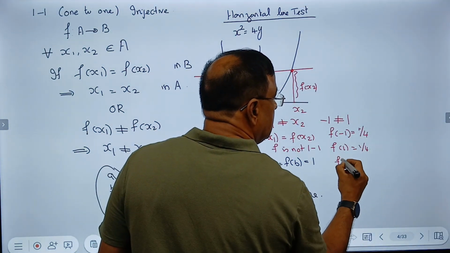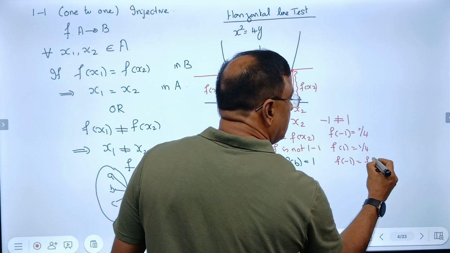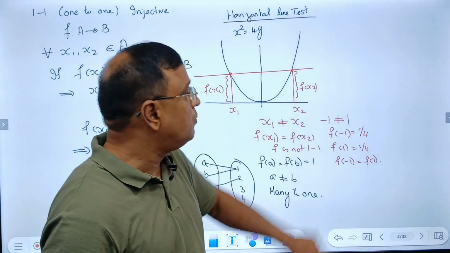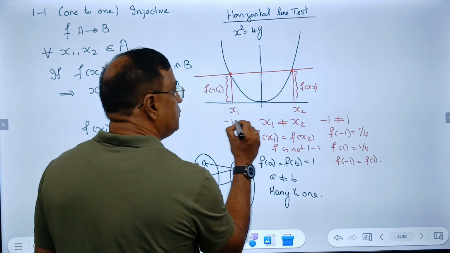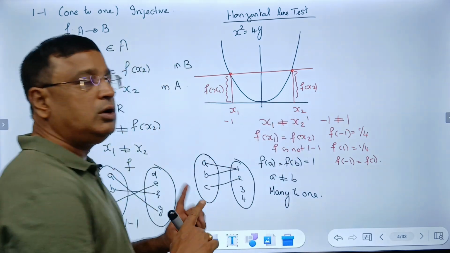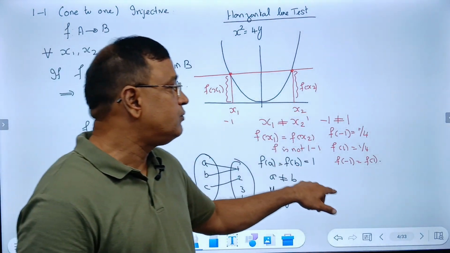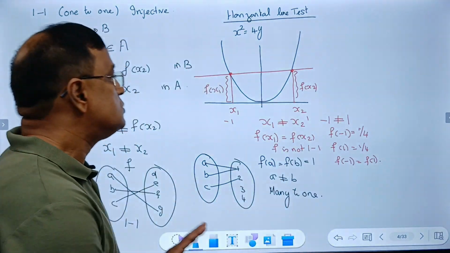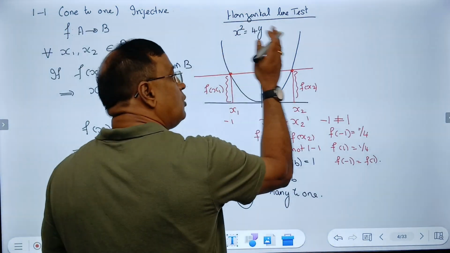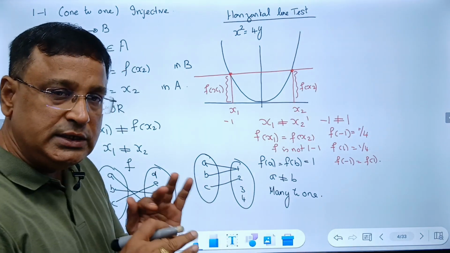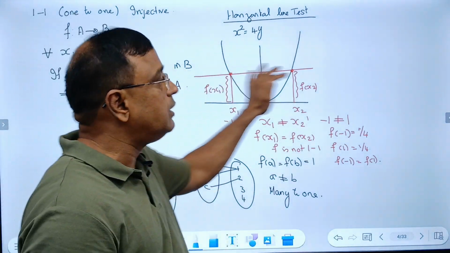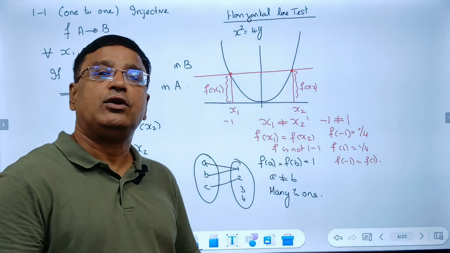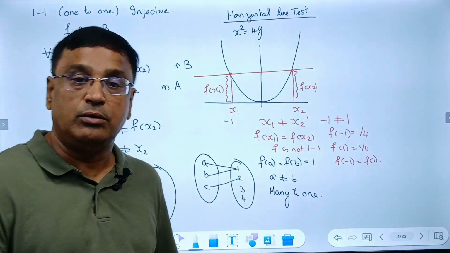So clearly f of -1 equal to f of 1, though -1 is not equal to 1. So this is definitely not 1 to 1. The easiest way to understand is a horizontal line: if it intersects the graph at more than one point, it cannot be 1 to 1.